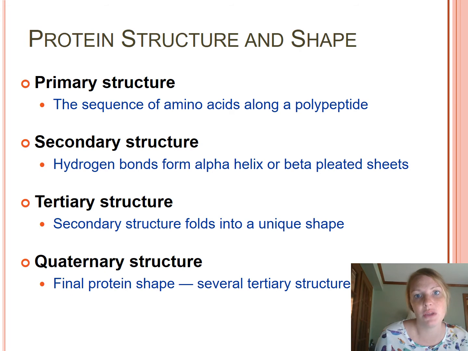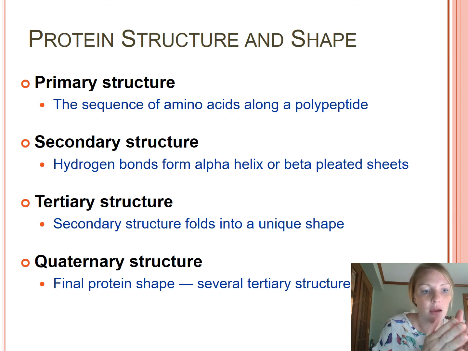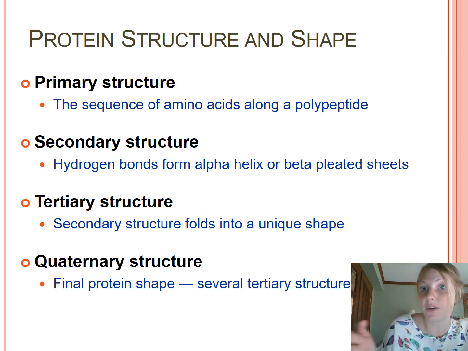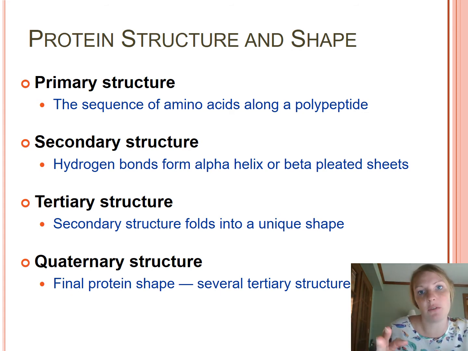So not only do proteins have a very specific order of amino acids, the way that the amino acids are arranged, the order of the cars of the train, is really important. And this is determined from the DNA. And the DNA codes for specific amino acids to be strung together in a particular order.